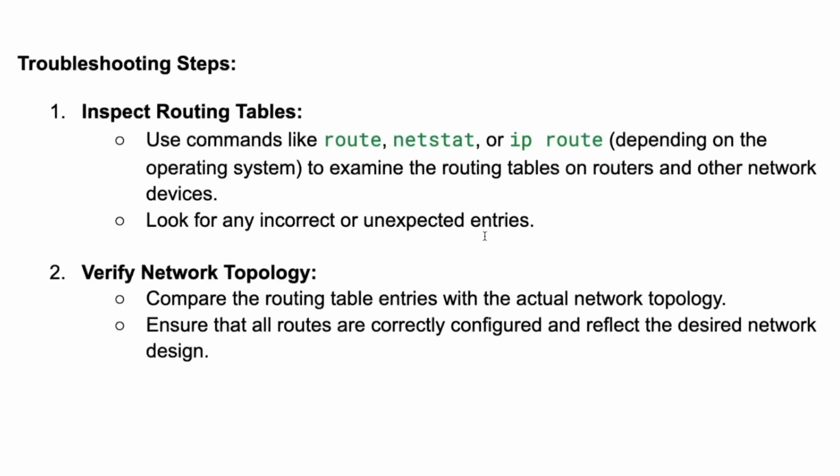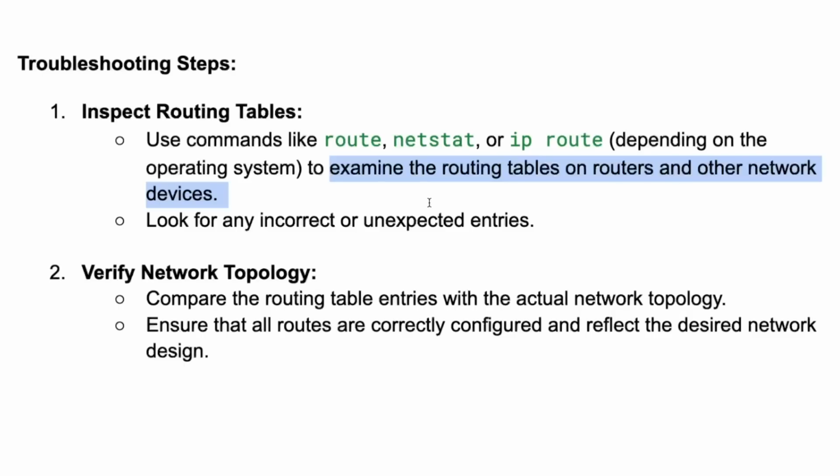All right, so to troubleshoot our routing issues and the routing table issues, the first thing would be to actually inspect the routing table. So using a command like route or netstat or ip route, depending on your operating system, to actually examine the routing table on your router or other network devices.